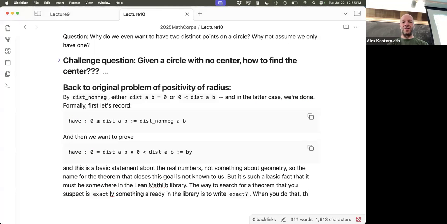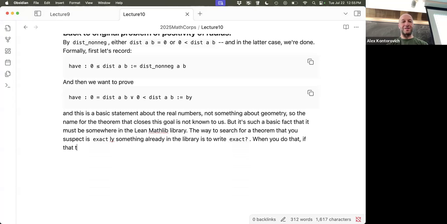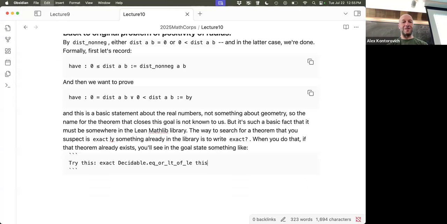When you do that, if that theorem already exists, you'll see in the goal state something like what we just saw. Try this. And when you click on the exact, it replaces your text with the text that solves the goal.